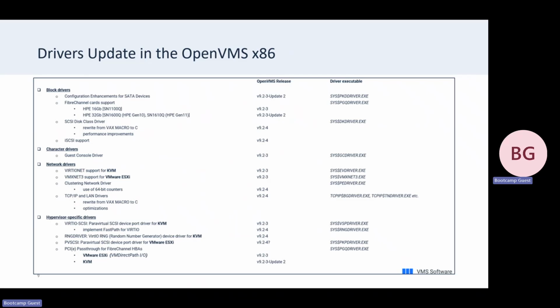The PVSCSI driver, which is the VMware equivalent of VirtIO SCSI, is in progress, again from the Greek team, and may be included in the next major release. And finally, with the update toolkit, as I mentioned before, we don't only support VMware ESXi for PCI passthrough devices, but we also support KVM for the same.